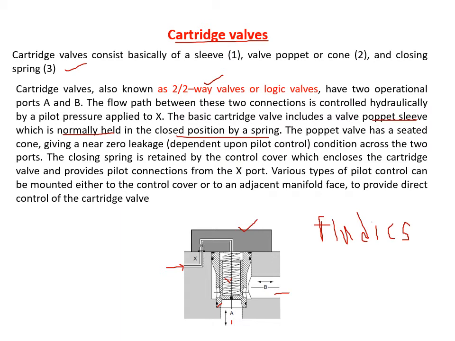We can change this X, that is, we can change the pilot input, and we can change the function of this cartridge valve. So we can implement various logical functions here.